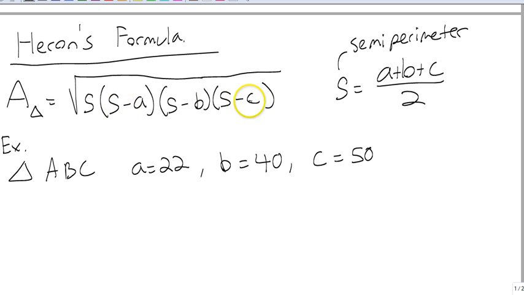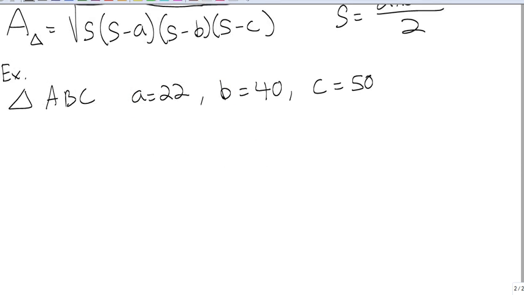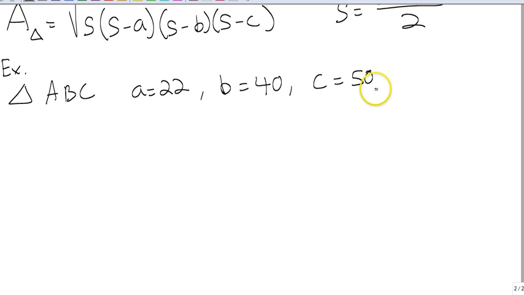And then you can do the work. So, for this problem right here, I have this triangle with 3 sides, A, B, and C. I need to find the area of this. So to find the area, I find the semi-perimeter first. And the semi-perimeter is just 22 plus 40 plus 50 all over 2.